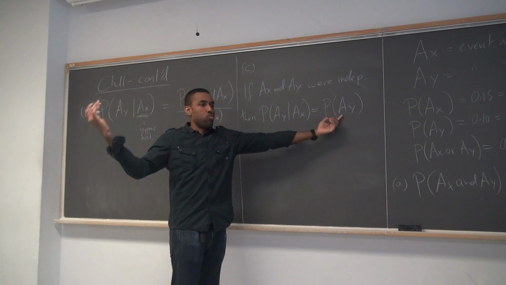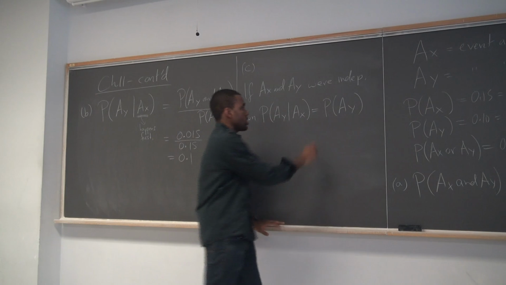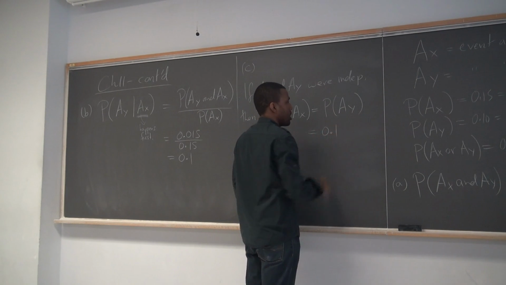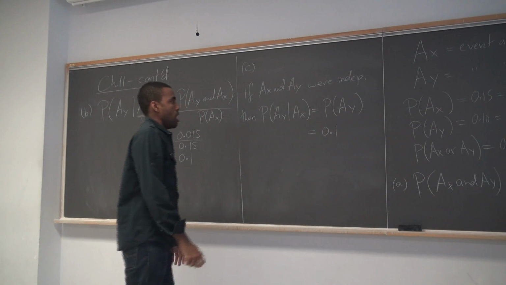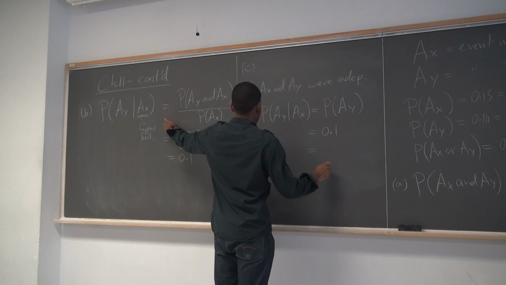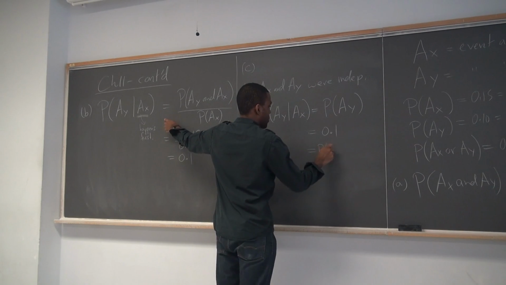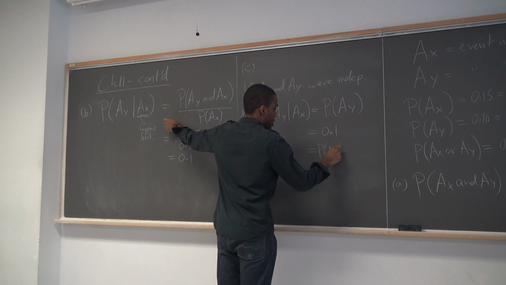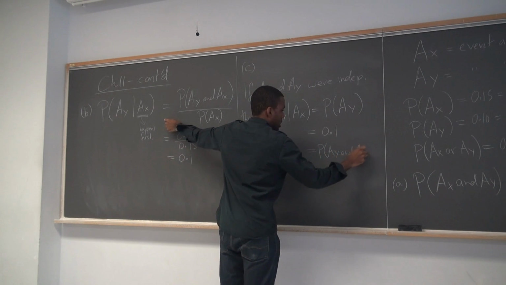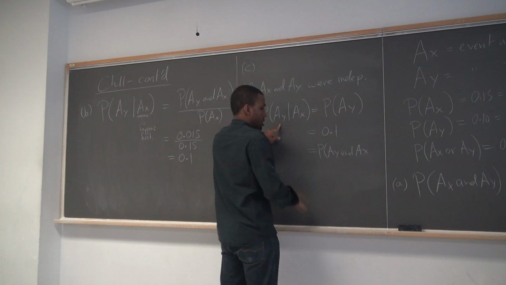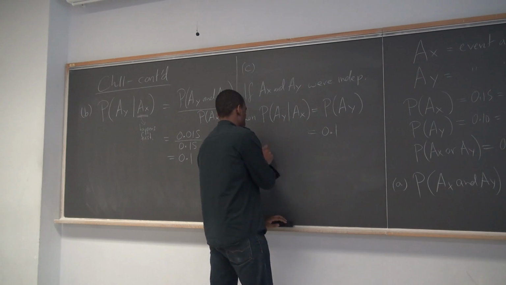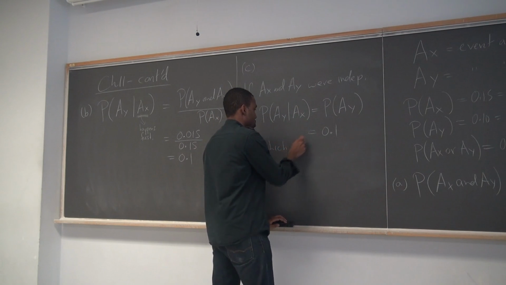It would just be the probability of getting an A in course Y, which we were given as 0.1. That's the same thing, which is true.